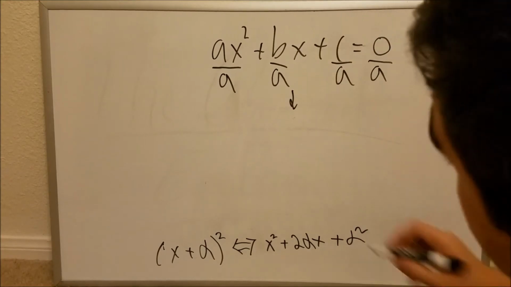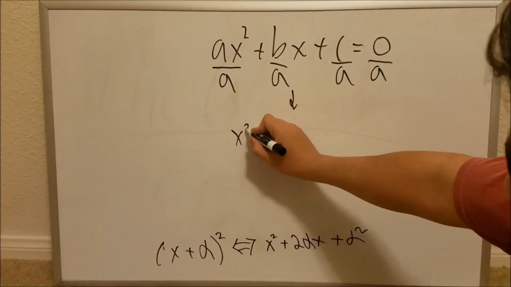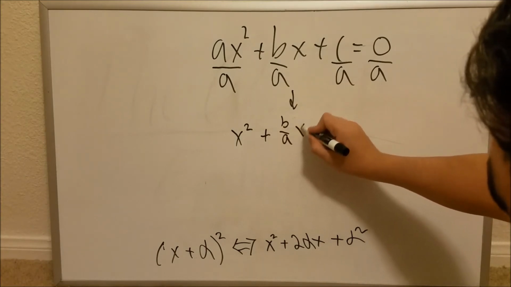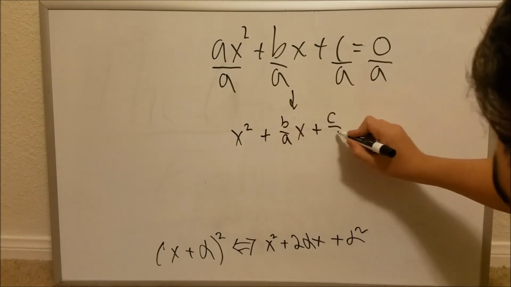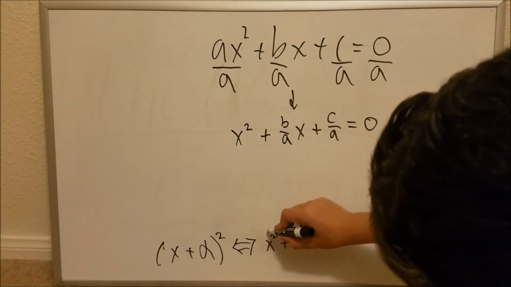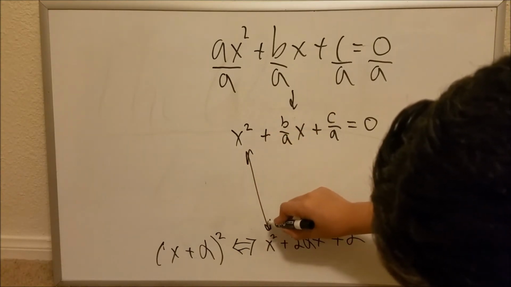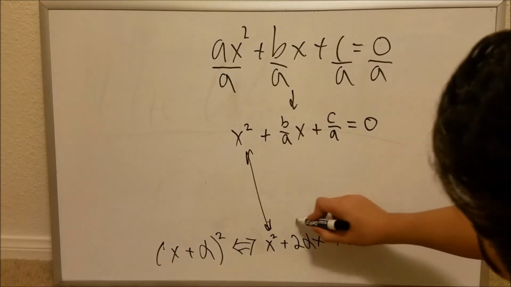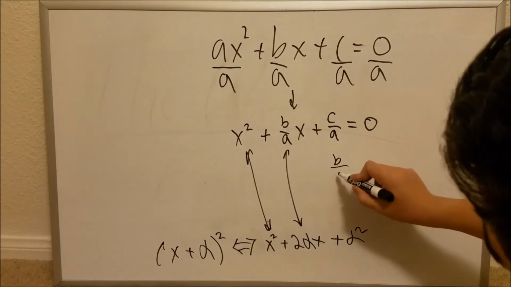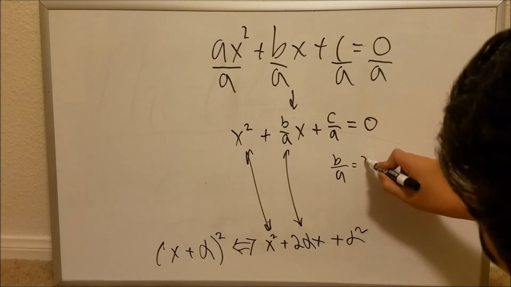This yields x squared plus b over a x plus c over a equals 0. Now if we compare them, that works. And then we have b over a is equal to 2 alpha.